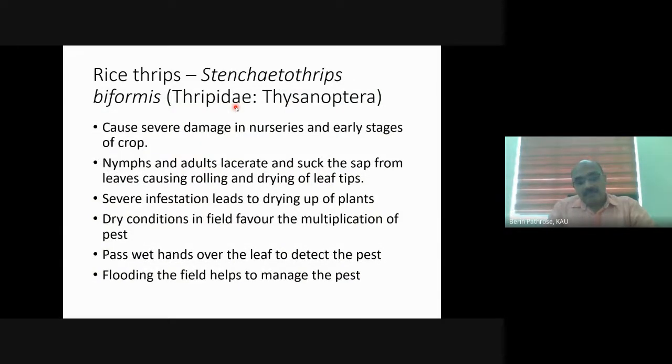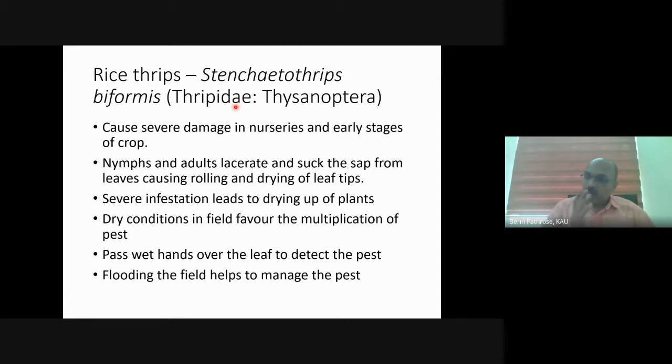Another way which we usually advise farmers, one of the easy ways to identify it, is to ask the farmer to wet the palm, and once the hand is wet, pass the wet hand over the crop. There will be water in the paddy field. Wet your palm and pass it over the crop where you suspect there is a thrips infestation.